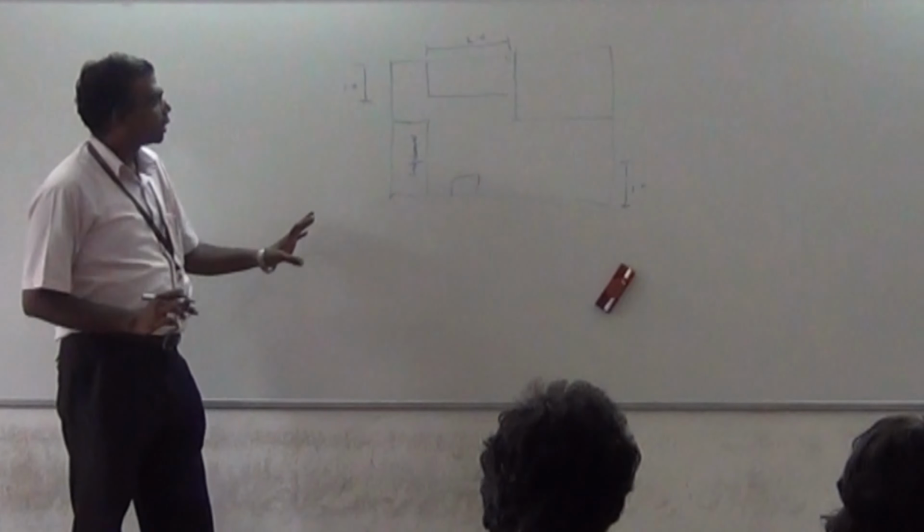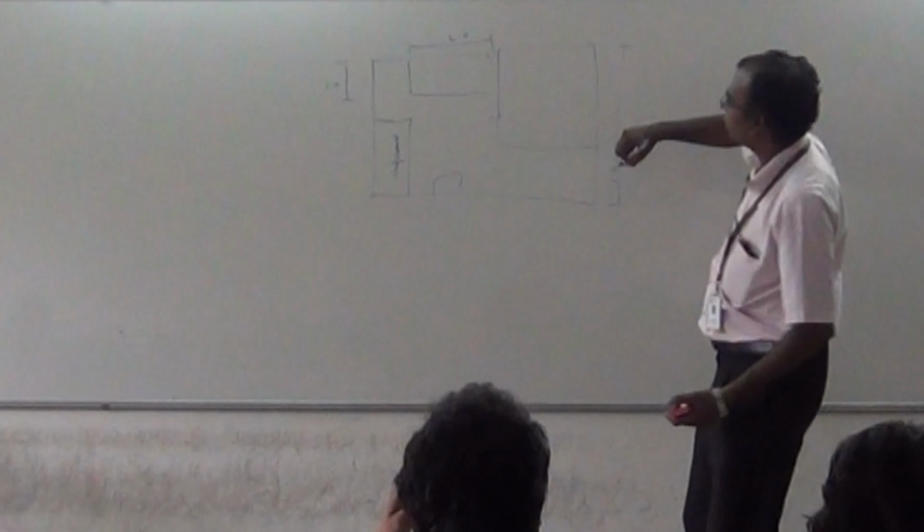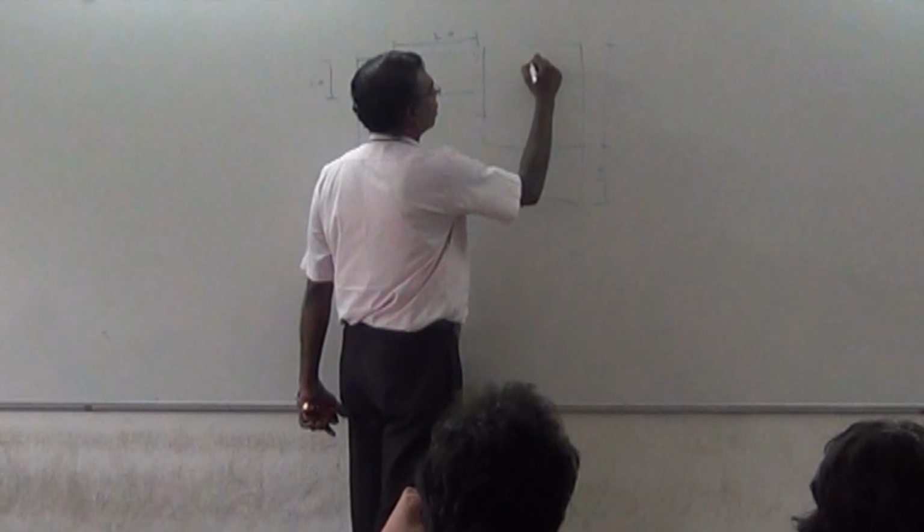This is definitely not drawn to scale since it's only a concept drawing. So I can make this come up to here probably. Then say this is 1. So how much do you think you need? Let's say, can we keep the toilet? I want to maximize the space utilization. So I will say that the toilet is here.